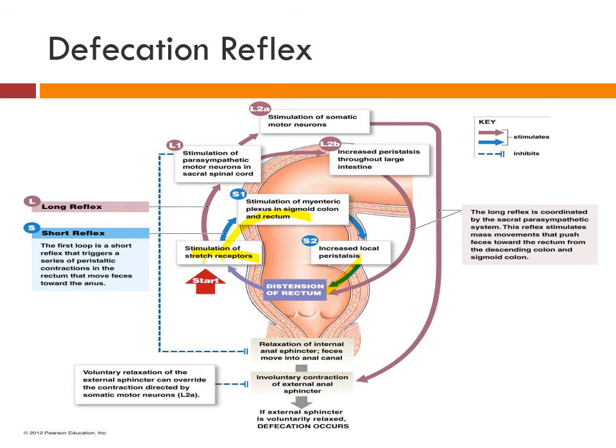And then it's also going to stimulate parasympathetic neurons to stimulate somatic motor neurons and create involuntary contraction of the external anal sphincter, and that contraction is going to hold the contents until you are ready to defecate.